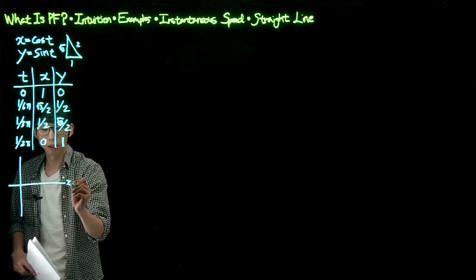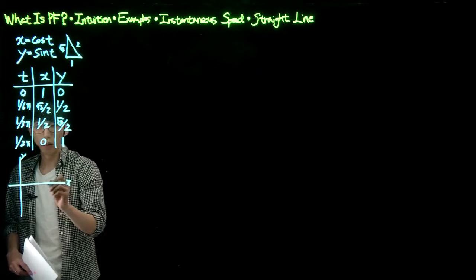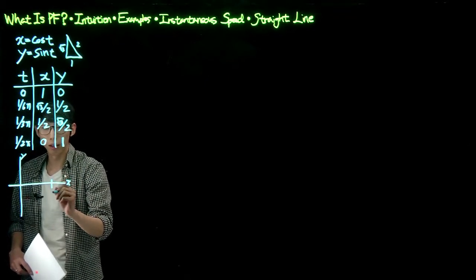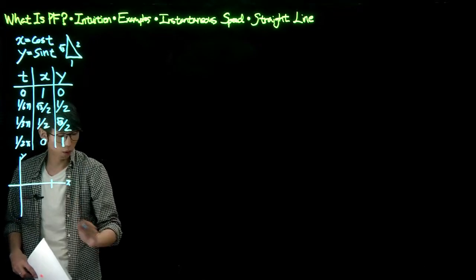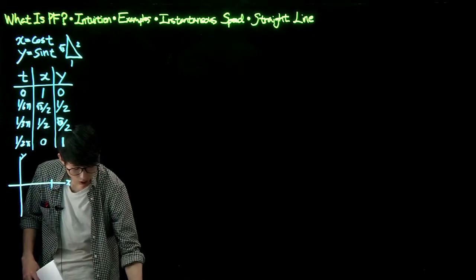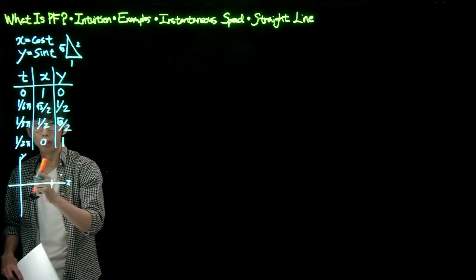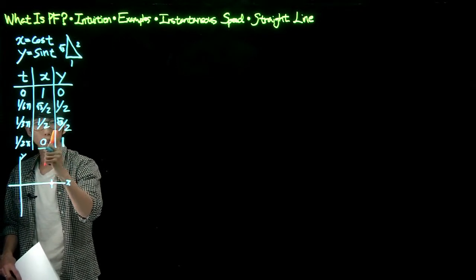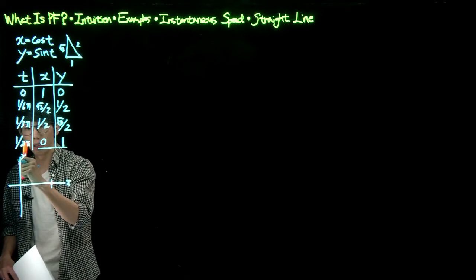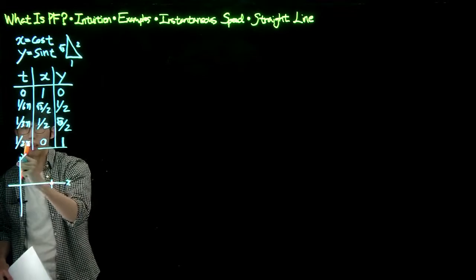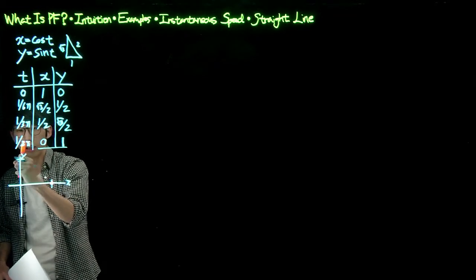Okay, x-axis, y-axis. Let's say we have a point (1, 0). Let's say this is 1 here. So we have a point here, (1, 0). And the last point is (0, 1), right? Let's say this is 1 here.